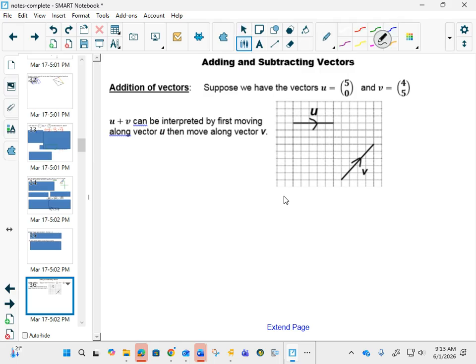And the result is, if I first did this, and then I did this, it would be like, there's my starting point, there's my ending point. That's just what happened.